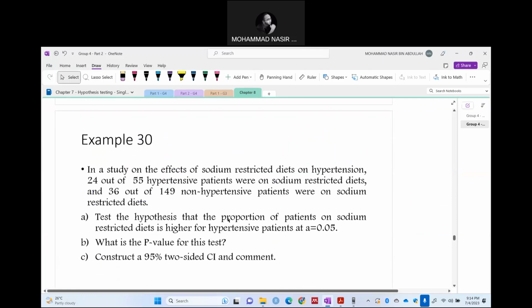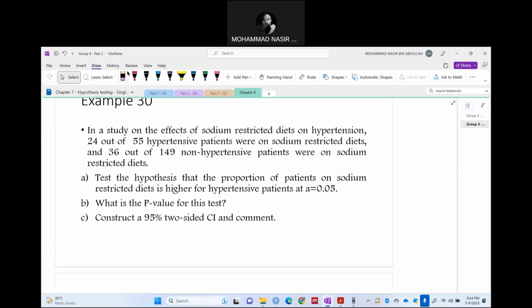Right, let's look at example number 30. In this section, I have 7 examples, but I'm not going to go through every example, just 1 or 2. In a study on the effect of sodium restricted diet on hypertension, 24 out of 55 hypertensive patients were on sodium restricted diet. 36 out of 149 non-hypertensive patients were on sodium restricted diet.